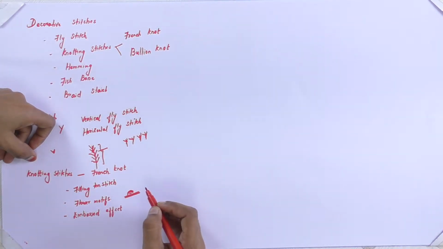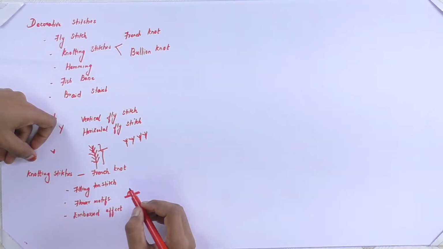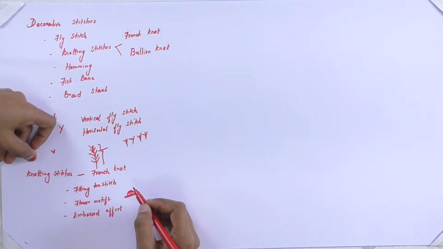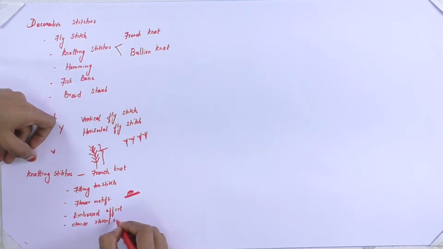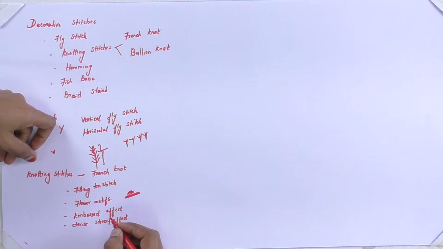You should have some gap between your stitch and the fabric, which makes the stitch look embossed, which is used for simple flower motifs. Or else you can call it embossed or dense stitch, dense effect. You can get that from this kind of bullion and French knots.